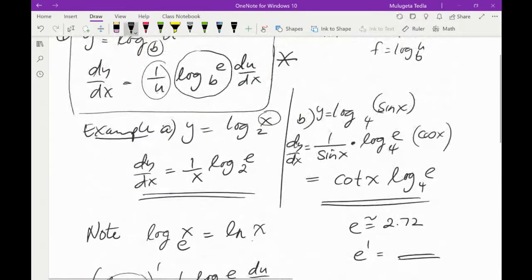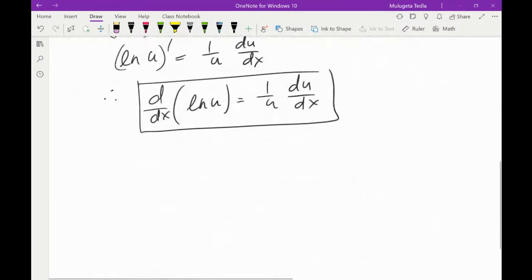That number is eliminated if we are dealing with ln x, because the base becomes e. Log of e to the base e is 1, so it won't appear in the final result. That's why we have a clean and nicer version of the derivative of the logarithm.